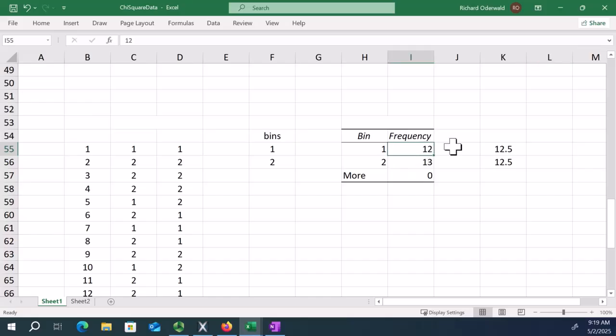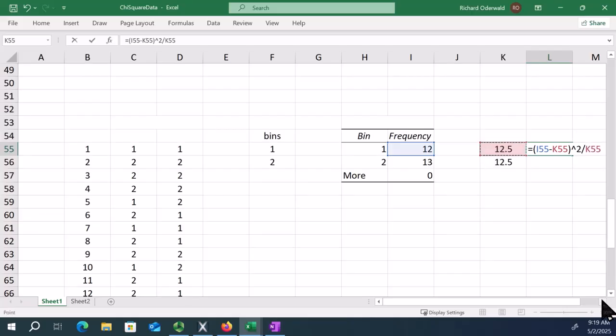It doesn't need to be lined up. These can be on different pages, different files even. Here I want equals and a paren, and then the observed, which I have 12, minus the expected, squared, divided by the expected value.